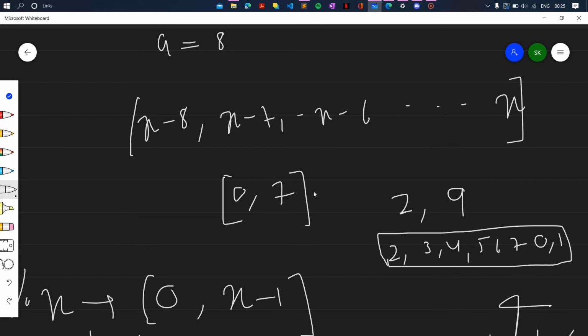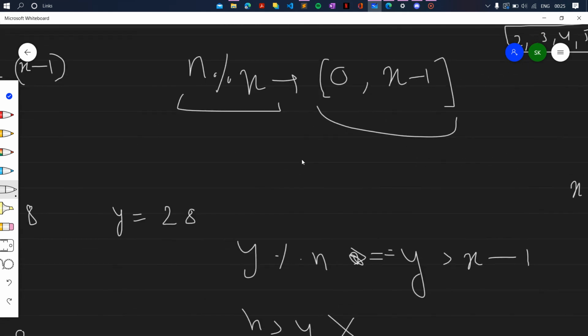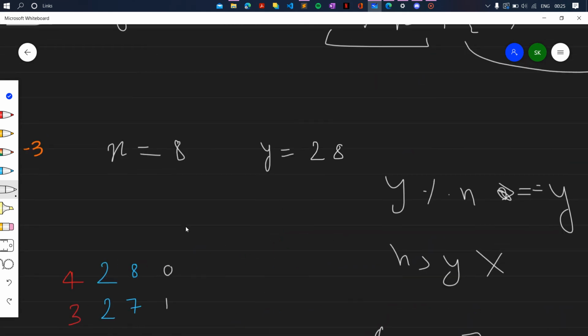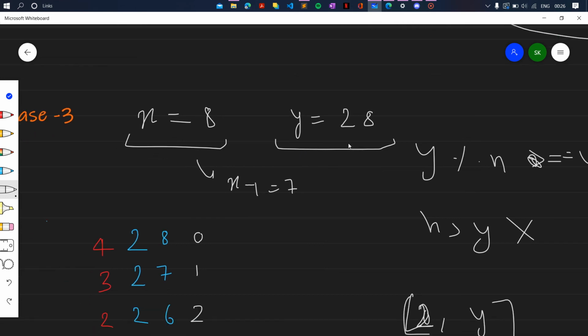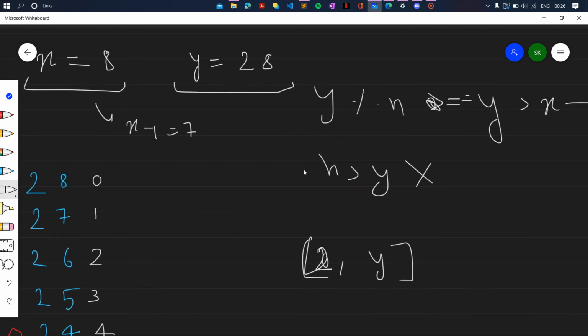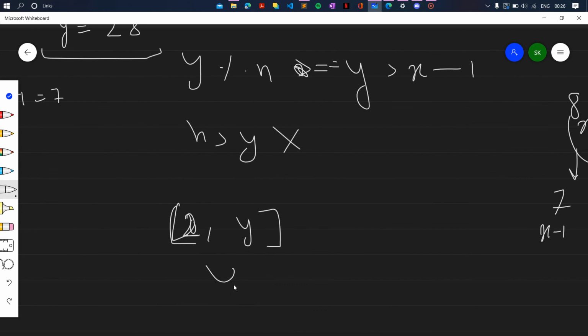Why I'm telling this is because, for example, let's take a test case of x equal to 8 and y equal to 28. x minus 1 equals 7, which is smaller than 28, so this is case 3. We have already proven that the value of n would be between 2 and y.